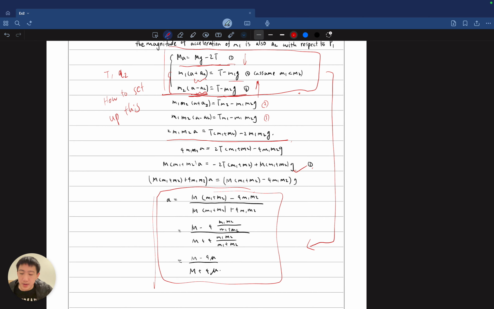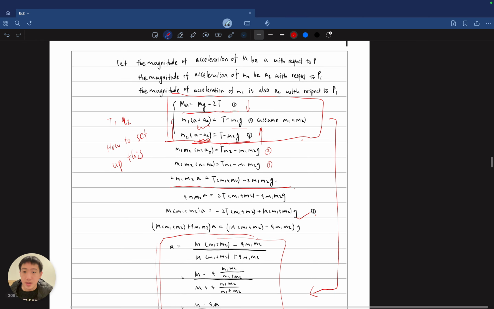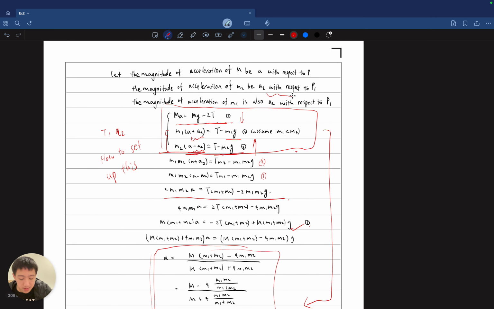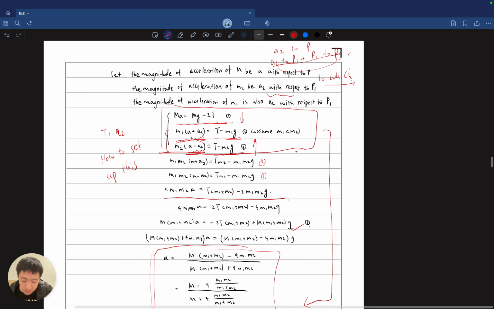Things you need to remember. First of all, when there are multiple pulleys, you need to add up accelerations with respect to each. If you want to know a2 with respect to P, you can find a2 to P1 and P1 to P, then you know a2 to P. So that's how you do it, and mind the direction, because I always stress direction: you need to know which minus which.